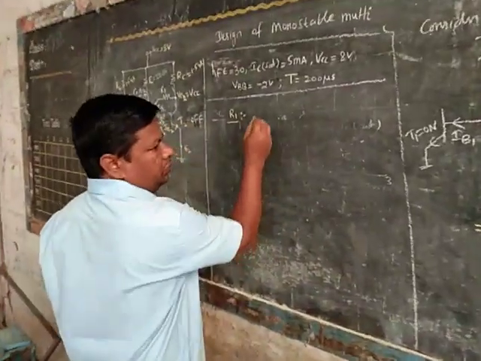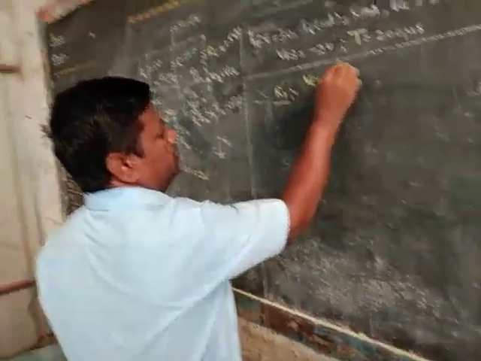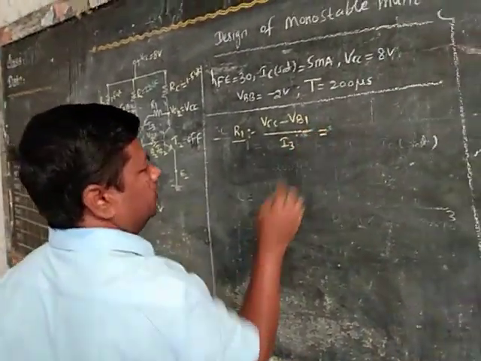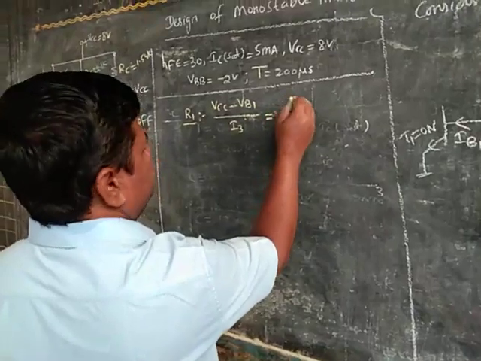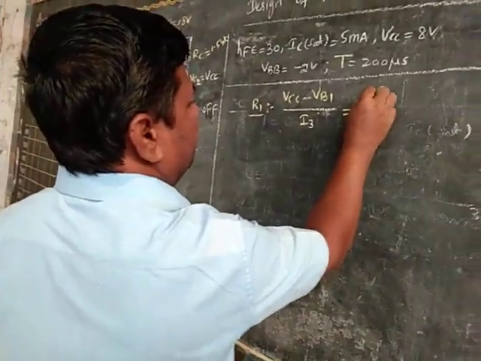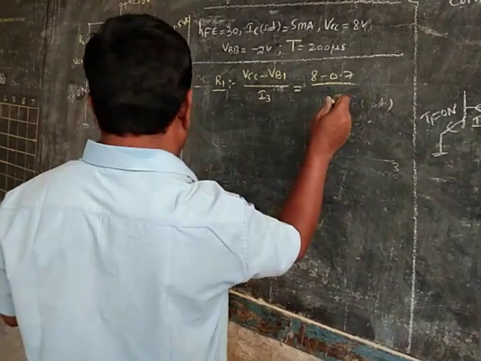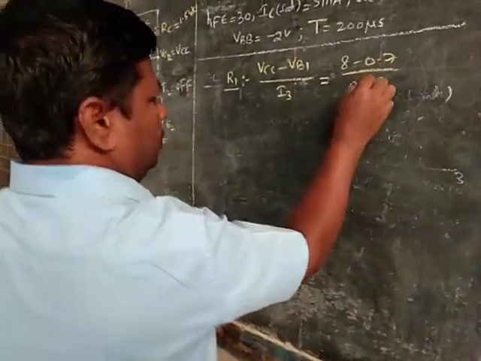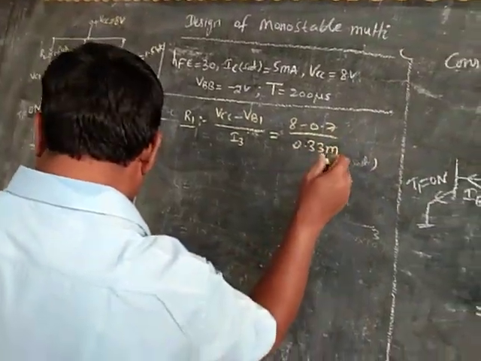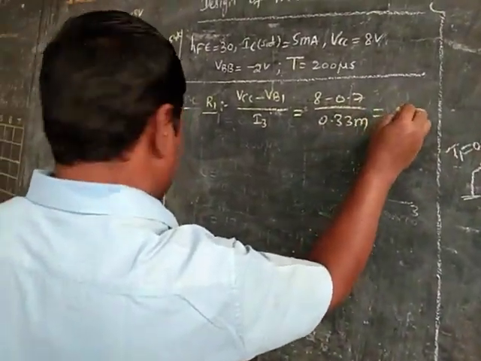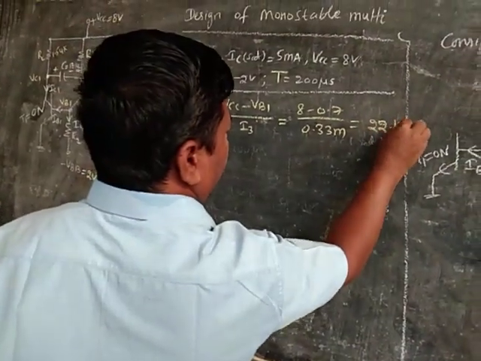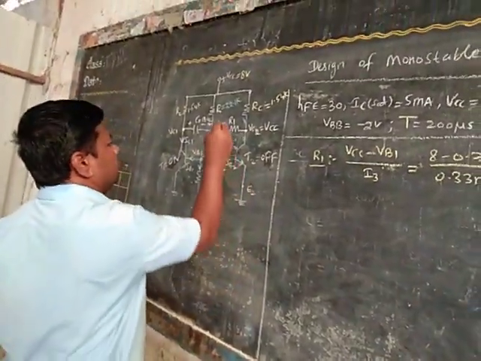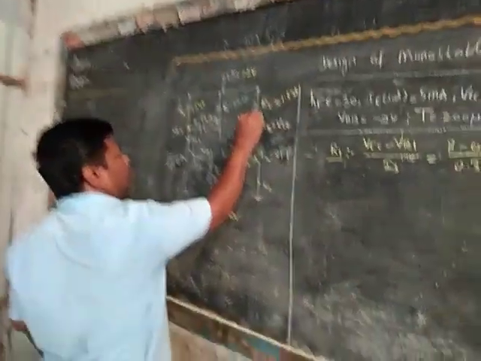Now R1 is equal to the difference between voltage VCC minus VB1 by I3 current, that is equal to VCC, given VCC is equal to 8, minus 0.7 by I3 current, 0.33 milli, then it will be around the same as 22.1 K. And the resistor R1 value is 22.1 K.